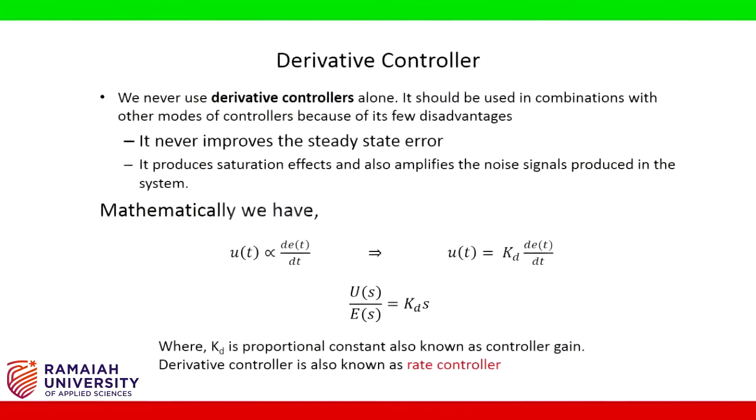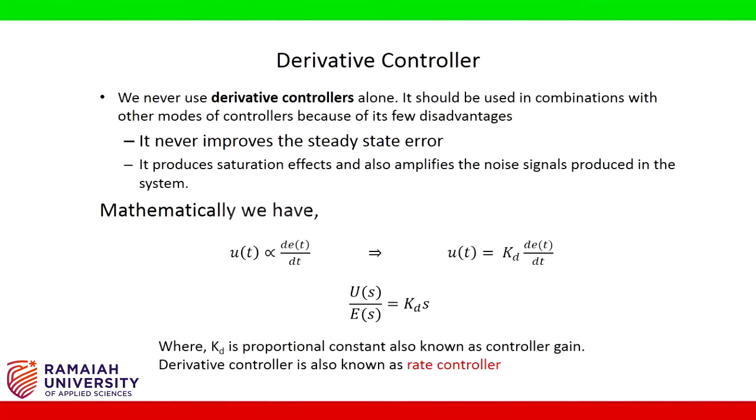Derivative control actions. We never use derivative controllers alone. It should be used in combination with the other modes of the controllers because of its few disadvantages. It never improves the steady state error. It produces saturation effects and also amplifies the noise signals produced in the system.